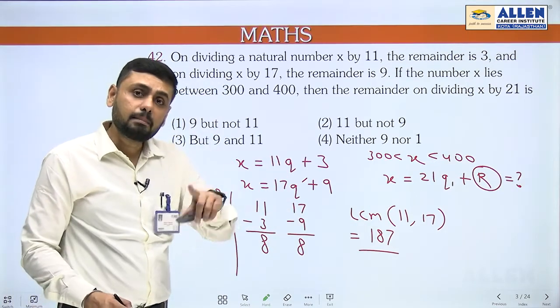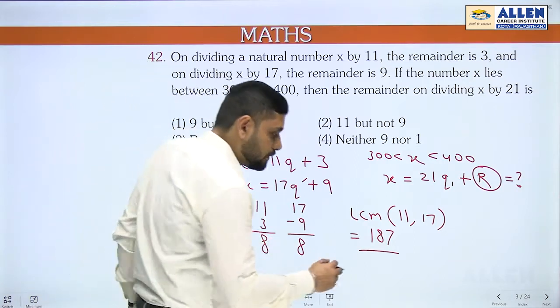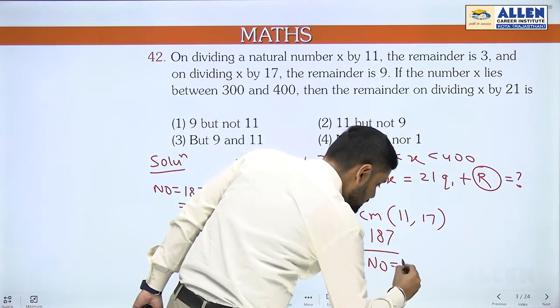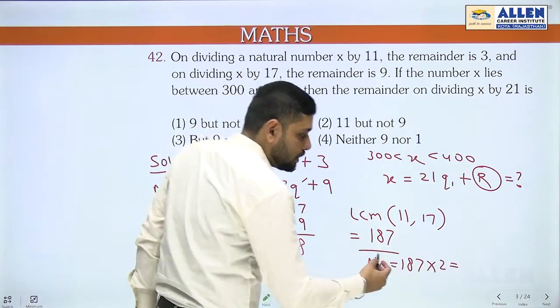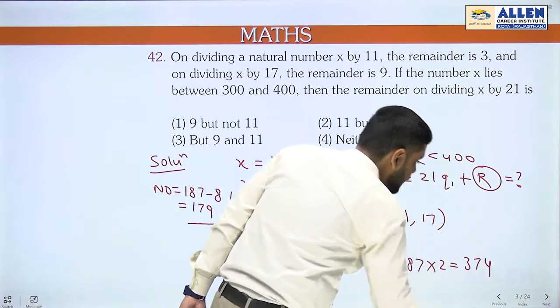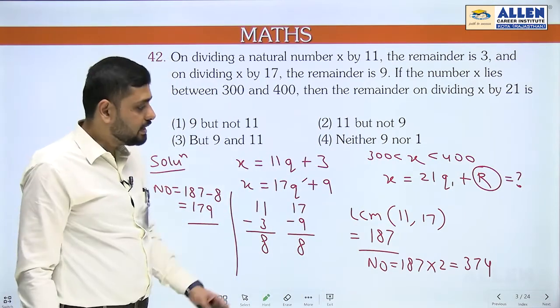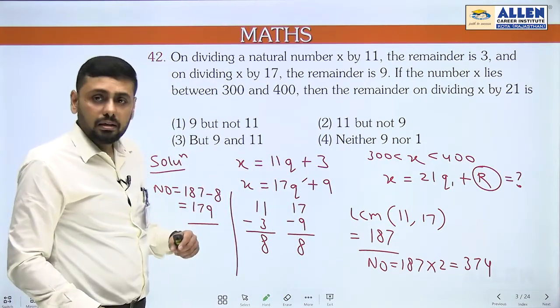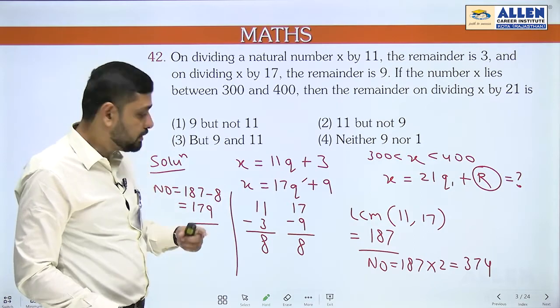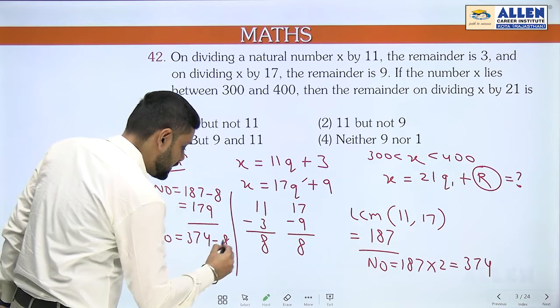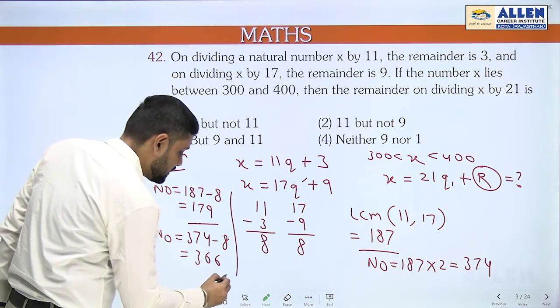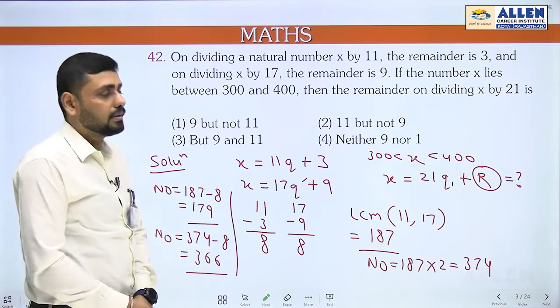So 187 into 2 gives 374, and subtracting 8, 374 minus 8, you get 366. Then the number will be 366.